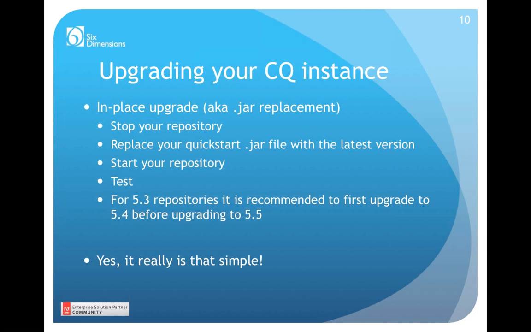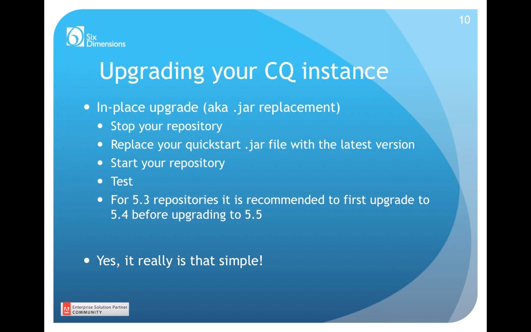So also going along with planning your upgrade migration is deciding on what route to take. We'll talk through the various types in a little bit here, but there's essentially two main branches. One is doing an in-place upgrade, also called the jar replacement strategy. You'll probably see most of that from Adobe in their material.